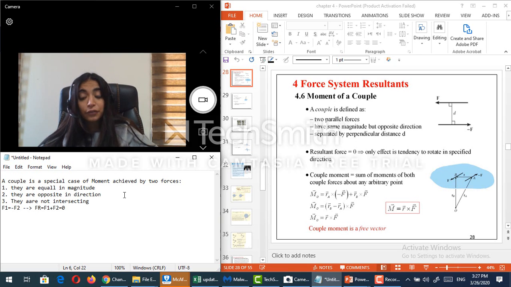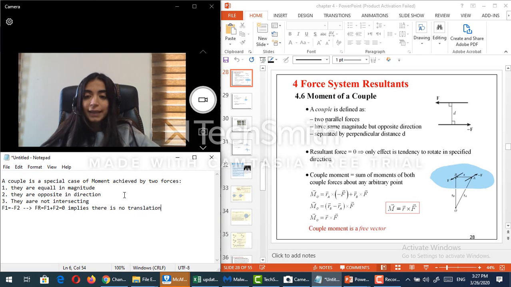This means that the resultant force of these two forces is equal to 0, and this implies that there is no translation.